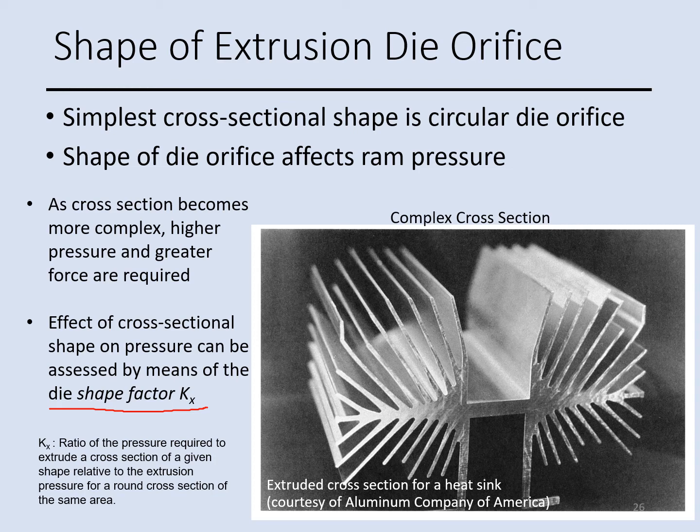The Kx is the ratio of pressure required to extrude a cross-section of a given shape relative to extrusion pressure for a round cross-section of the same area.